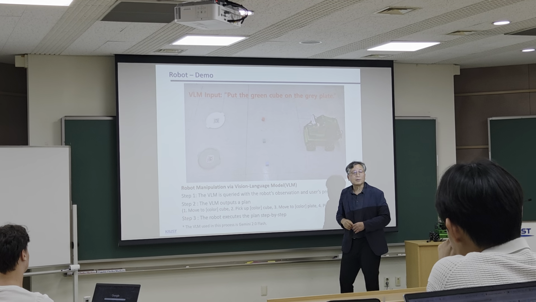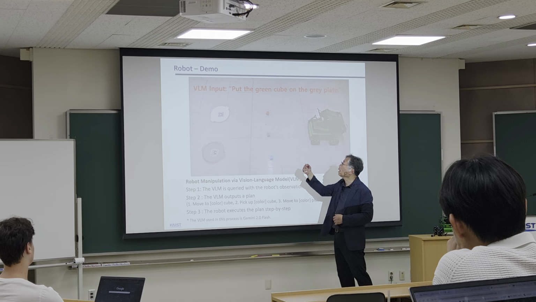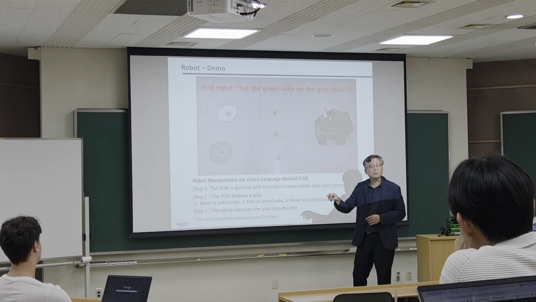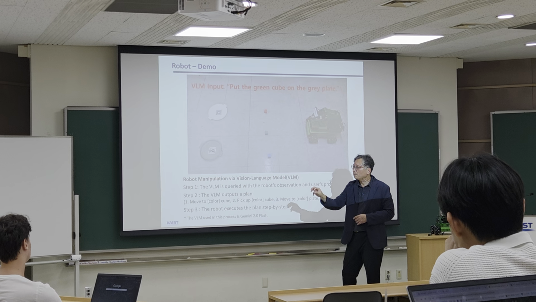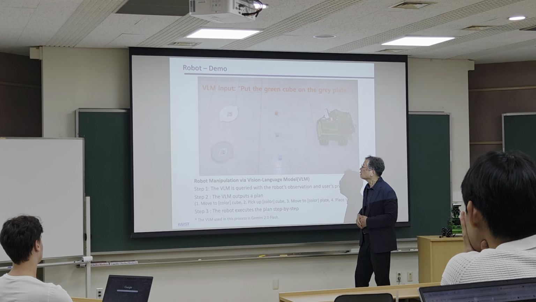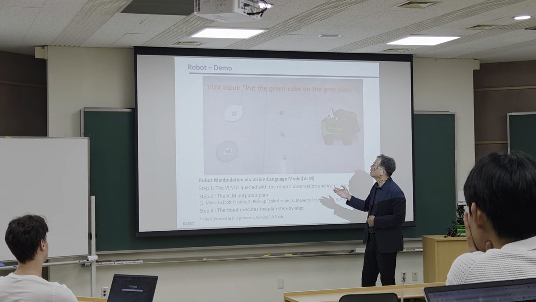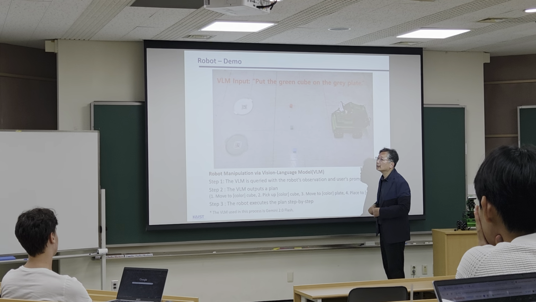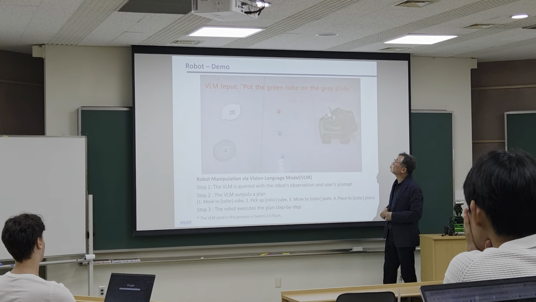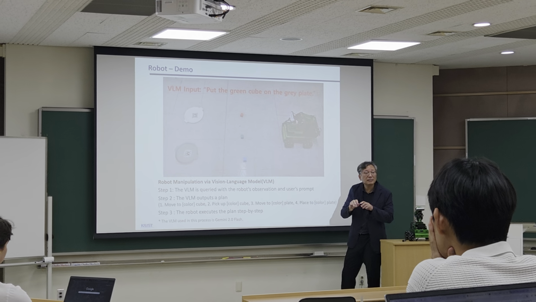You have a colored block, and it's been trained to pick up the block and put it in the basket. Then you give it this task: put the green cube on the gray plate. That's given in text.